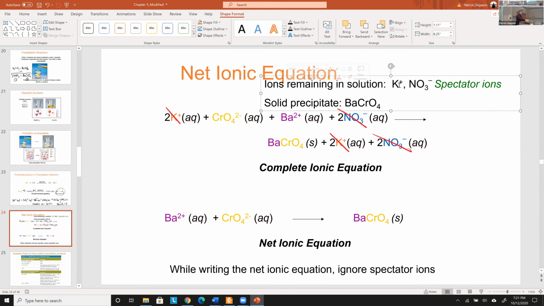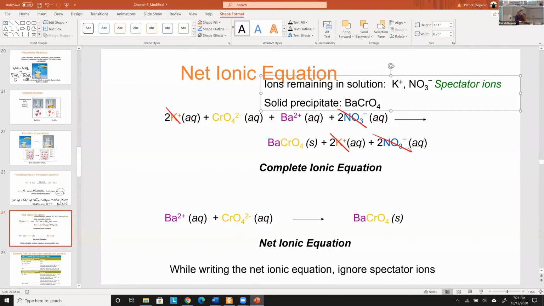So the ions remaining in solution, the K+ and the NO3-, are called spectator ions, meaning they don't actually participate in the reaction to create the product. They're just in the solution to begin with. So we call them spectator ions. Yes, the ones that crossed off are the spectators. The ones that are left over are not the spectators. They're the ones that directly participate in the creation of the solid precipitate.